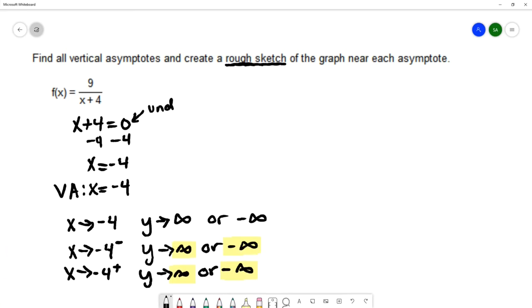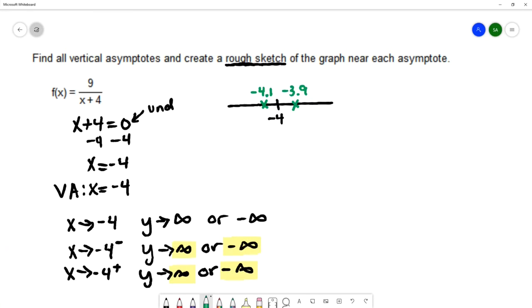I'm going to think of negative 4 on the number line, and choose a number that is just a little bit less than negative 4 and a number that is a little bit more than negative 4. I'm going to choose negative 4.1 as a number a little bit less than negative 4, and negative 3.9 as a number a little bit bigger than negative 4.